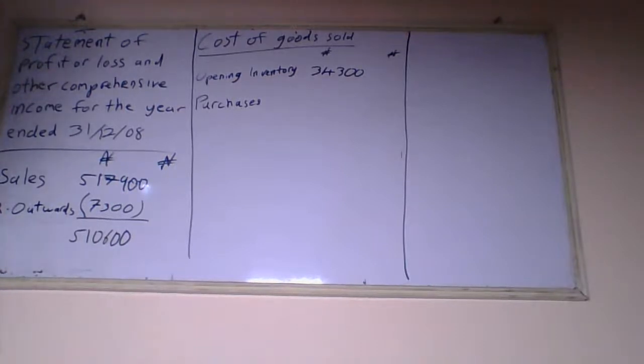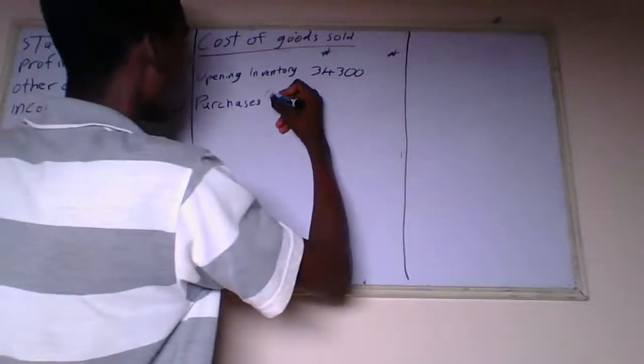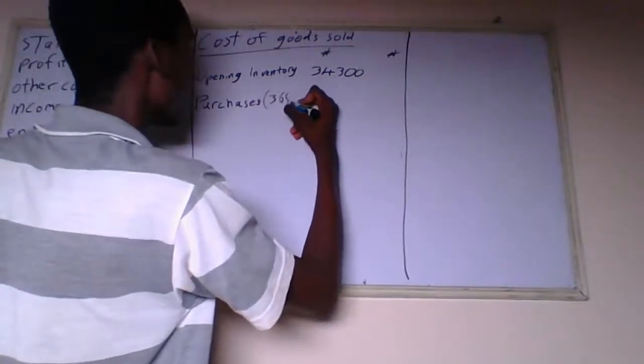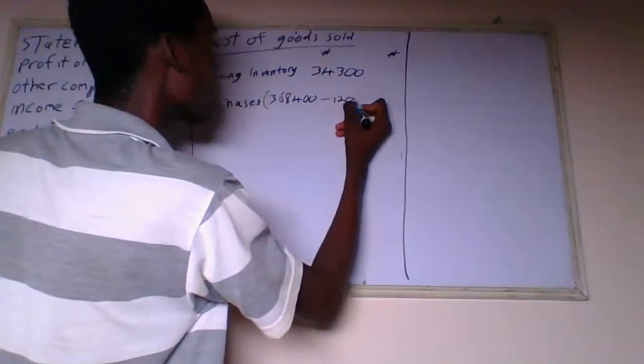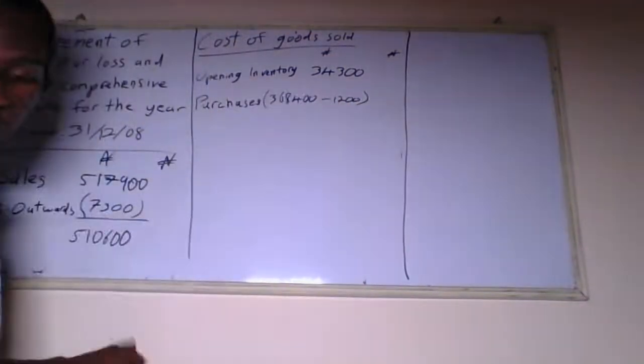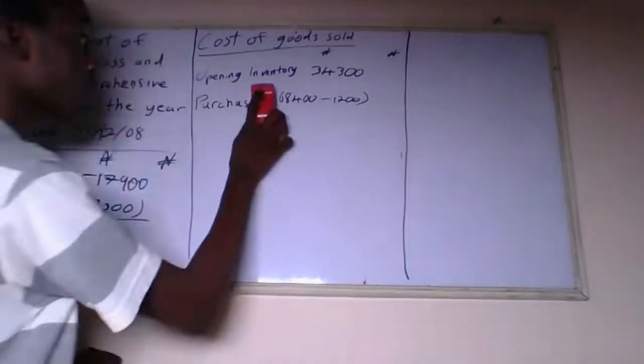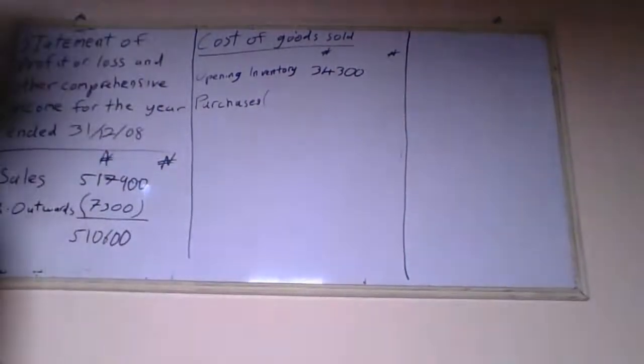So when they say this has not yet been recorded, we are going to make the effect now. We have our purchases in the question to be 368,400 minus 1,200. So this is what you're going to use for the purchases, which will now give us a final answer.